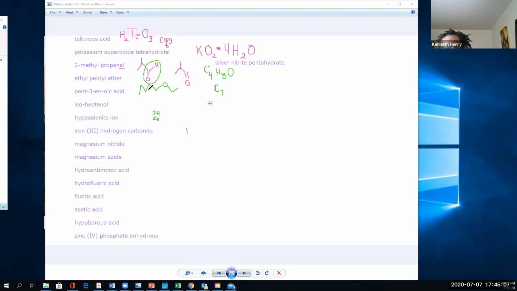So that's 1, 2, 3, 4, and that's 5. So 5 times 2. And then we got 2 methyls, so 2 times 3. So that's 6 plus 10, and that's a total of what? 16.